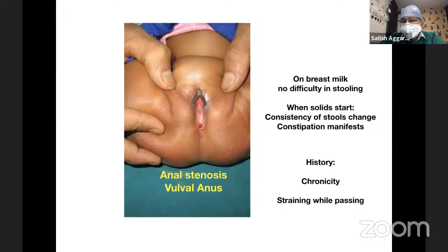Now, for the first 5 months, this child was asymptomatic because this tiny opening of the anus located within the vulva was enough to allow passage of liquidy stools, which the child used to pass while being on mother's milk. And when weaning foods were started, she started having constipation and found it difficult to pass, and therefore she developed fecal retention. And the mass that we were feeling was actually fecal matter. So if you do the perineal examination and look for the anal orifice, the diagnosis is established.